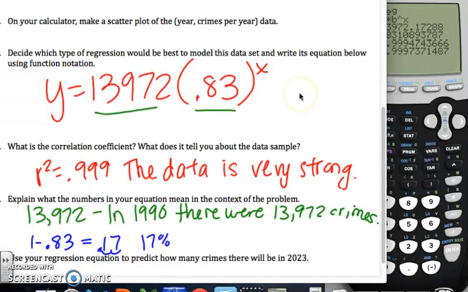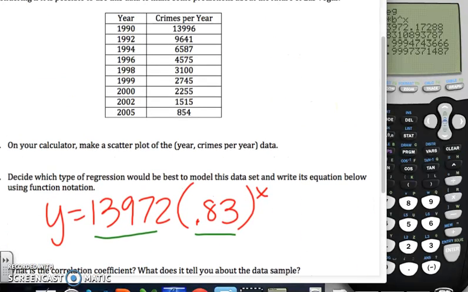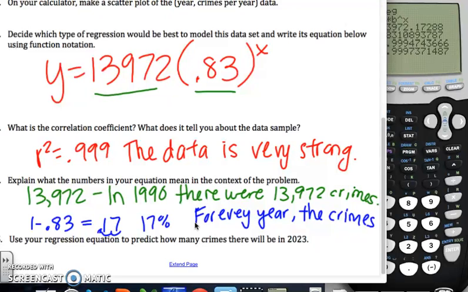So that means our crimes are going down by 17% every year. Okay, so for every year, the crimes are decreasing by 17%.